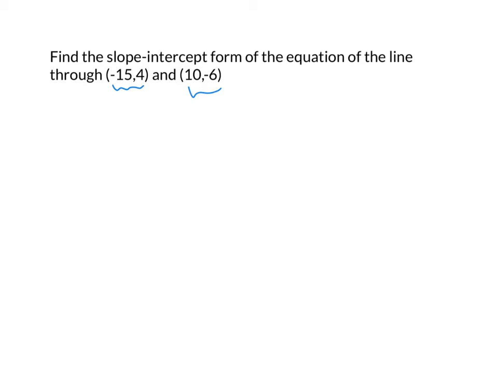So what you're going to do first is find the slope between the 2 points. Whenever you have 2 points, you can always find the slope. We said the slope earlier was m equals y2 minus y1 over x2 minus x1.